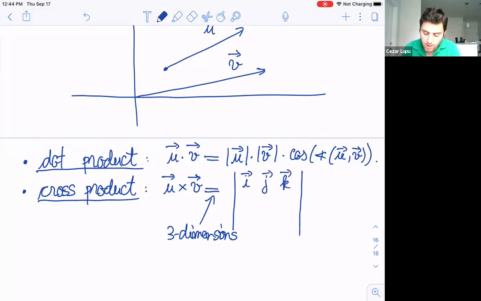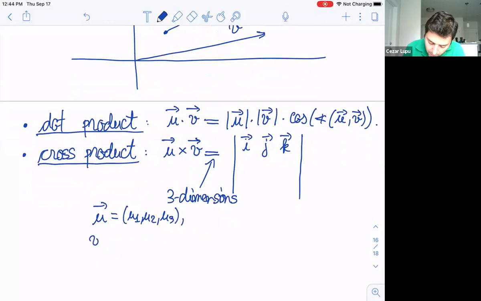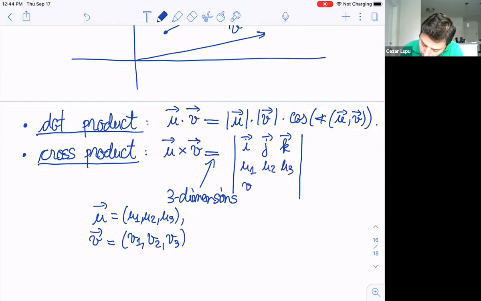In 3 dimensions, u is defined as u1, u2, u3, and v is defined as v1, v2, v3. So here we will put the components of u, u1, u2, u3, and v1, v2, v3. This is the determinant, and if we expand this, we'll have the following.